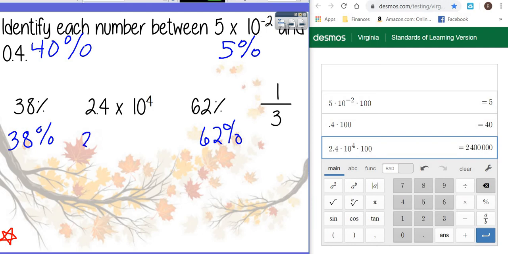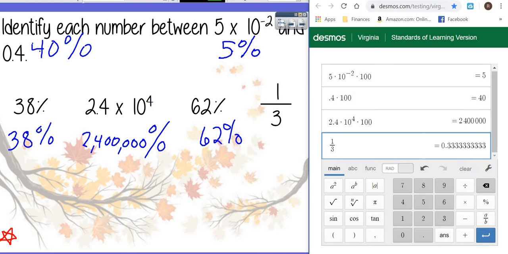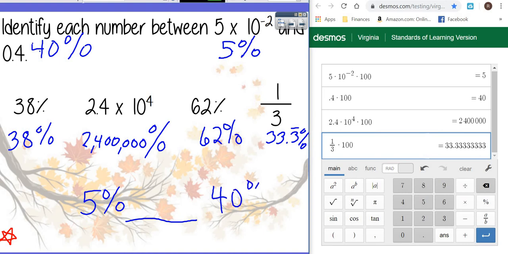We get 2,400,000%. And then we're going to do 1/3, 1 divided by 3, times 100, and that gives us 33.3 repeating percent.